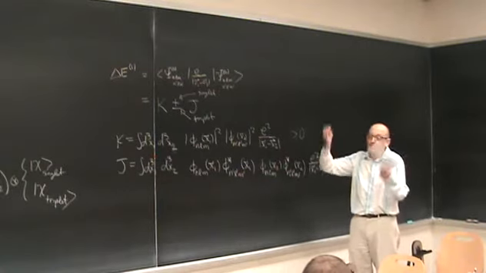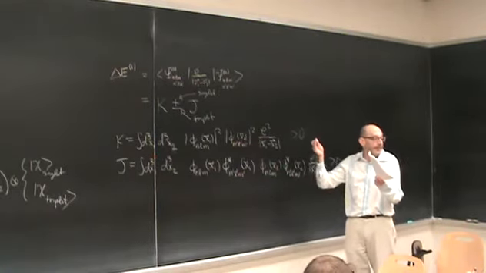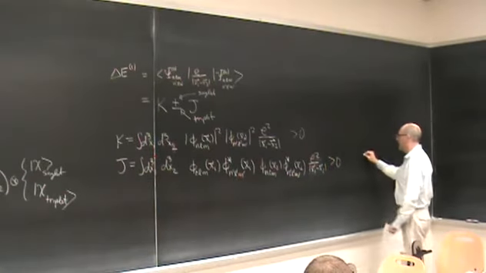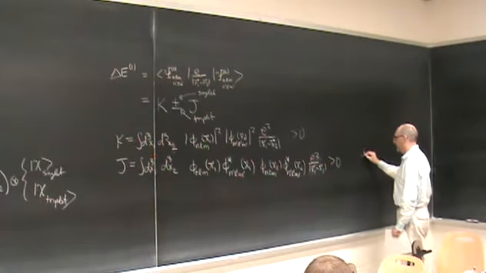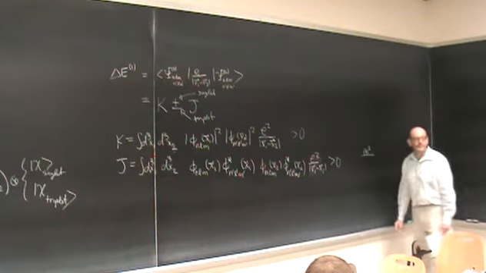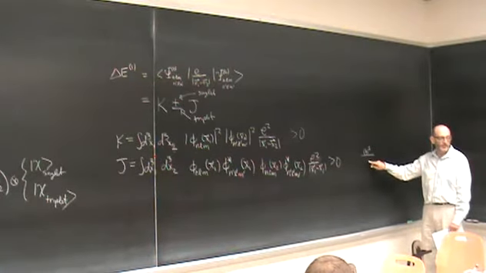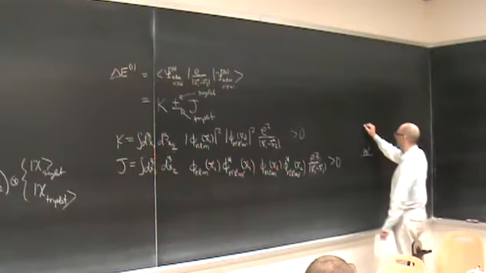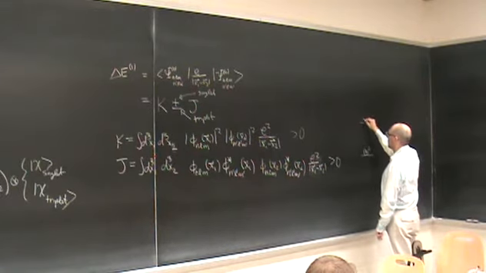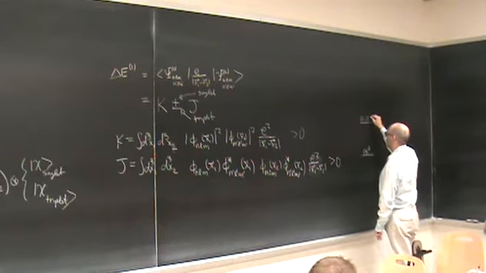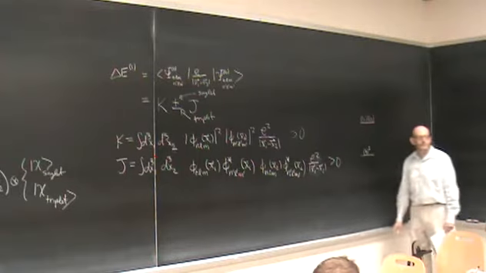Otherwise, it's under unbound states. So the ground state in the unperturbed case would have been 1s squared. Okay, that's 2 electrons in that. Then I'll have some excited state, which is 1 electron in 1s and the other in 2s.